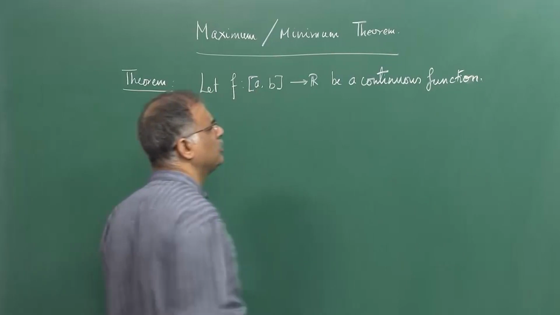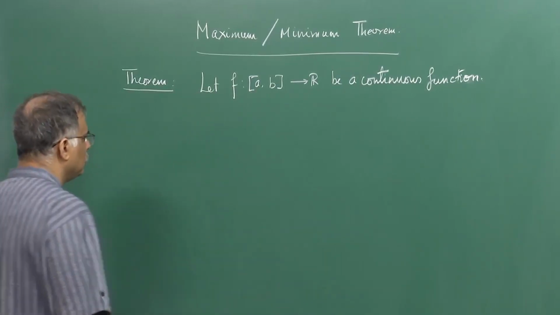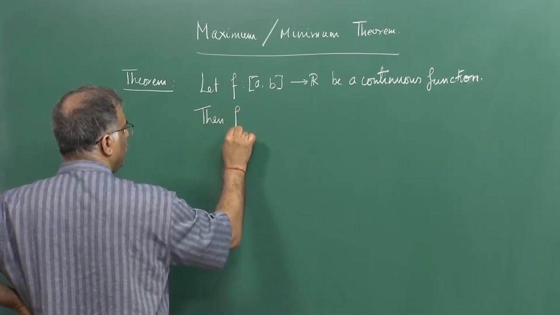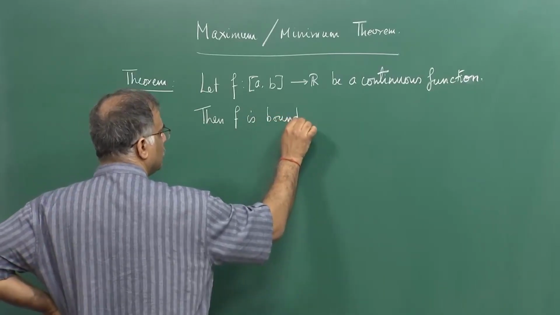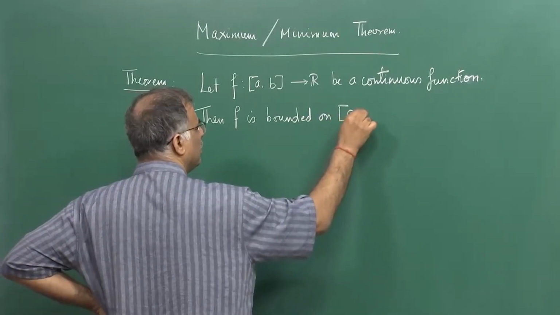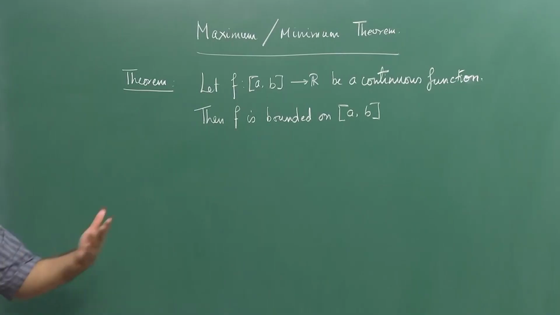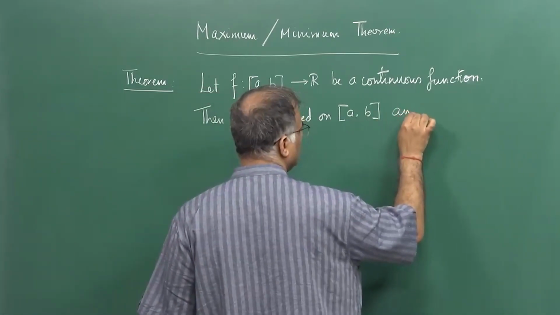Then f is bounded on AB and its bounds are attained. We will explain each of these terms separately.